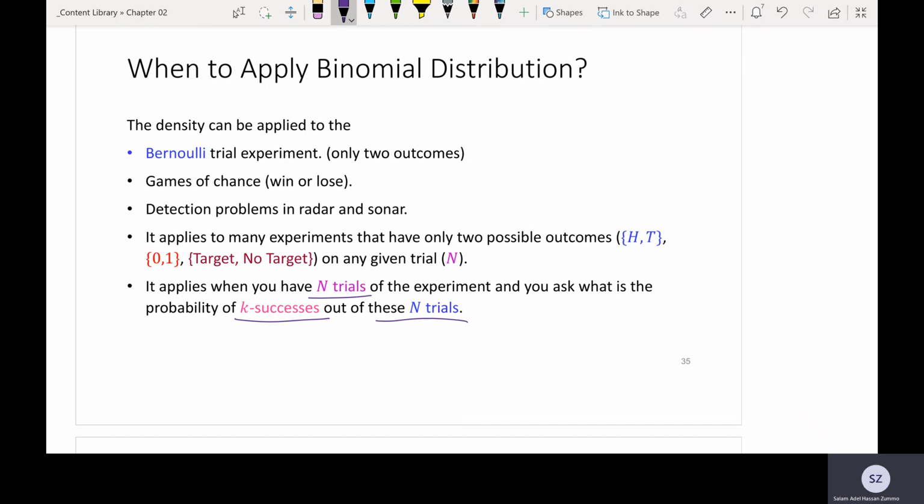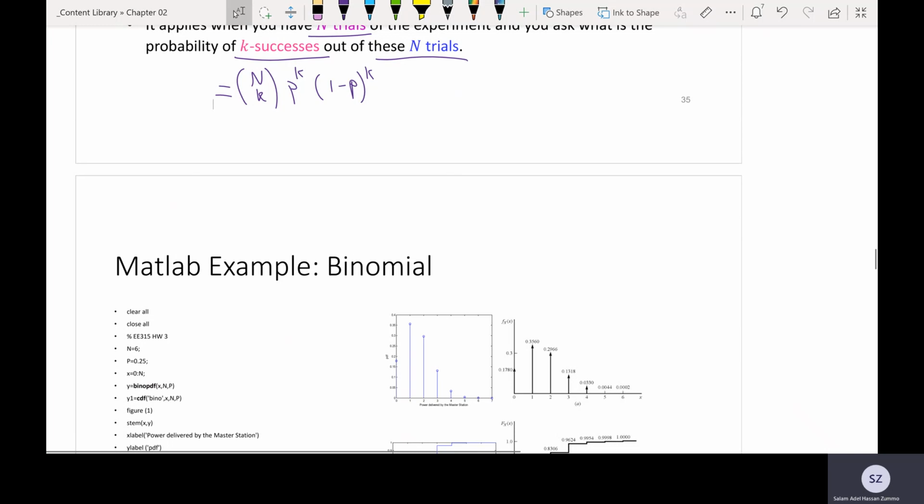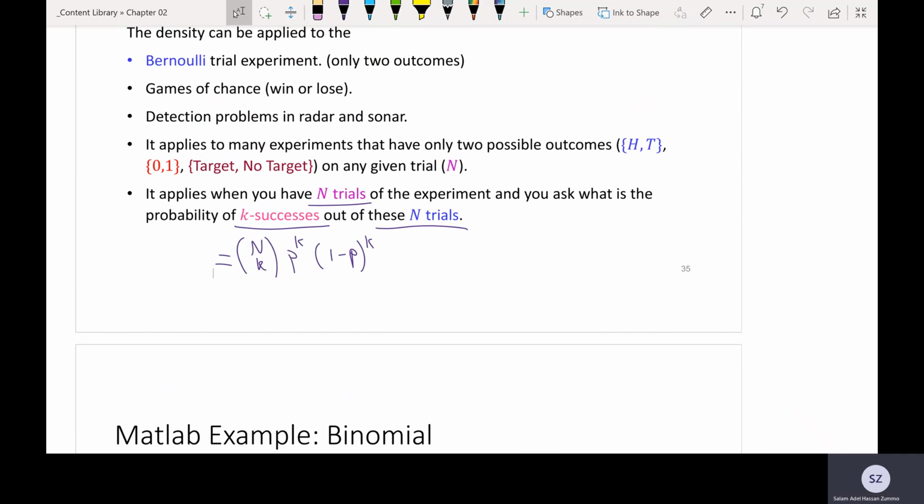This is the probability, which we said equals n choose k, p to the power k, times 1 minus p to the power n minus k. Thank you, n minus k.